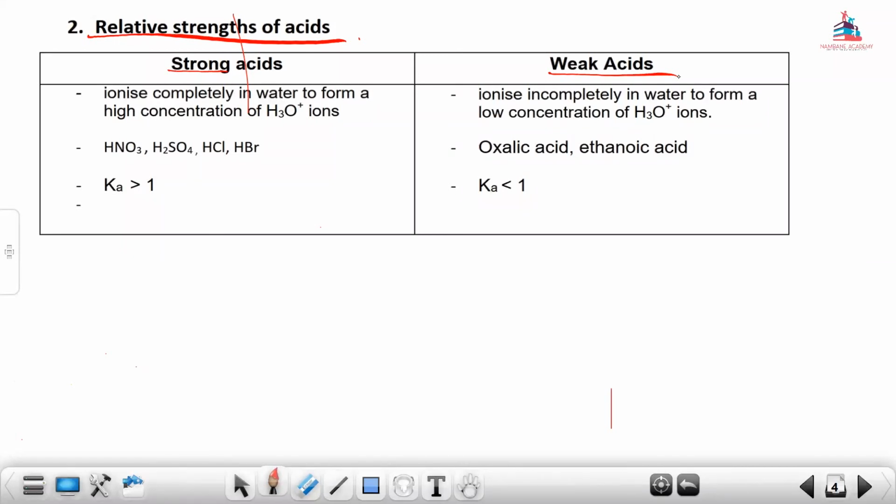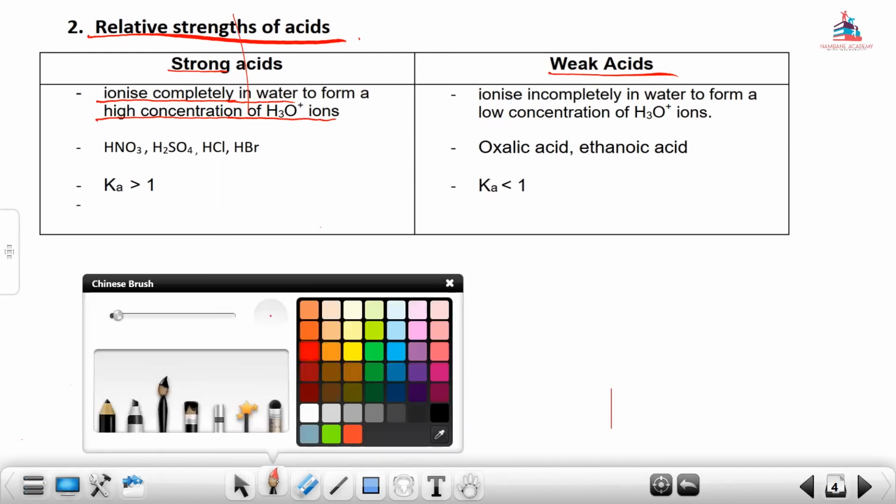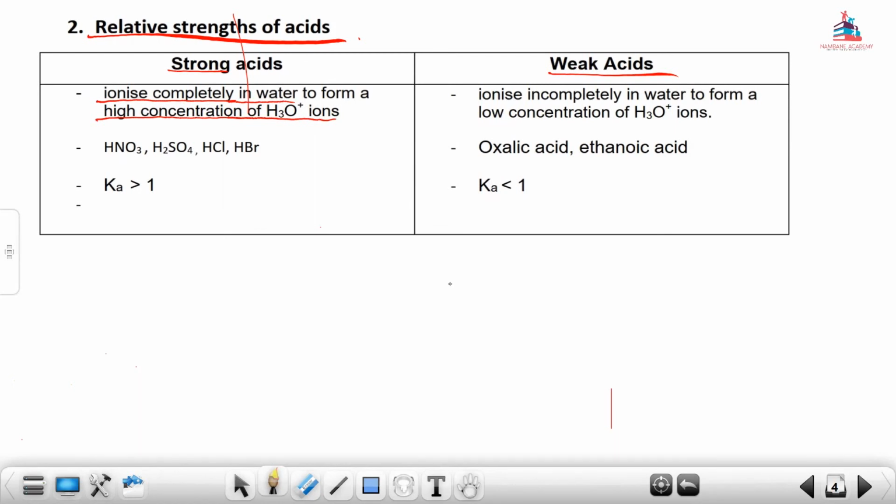The correct definition is that a strong acid is a substance that ionizes completely in water to form a high concentration of H3O plus ions. To differentiate between a strong and a weak acid, the only thing is the concentration of H3O plus formed, and whether the substance ionizes completely or incompletely.